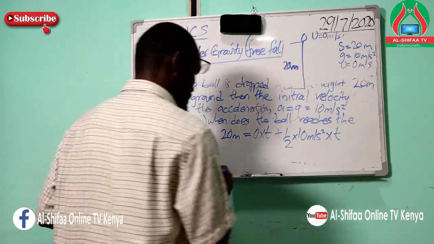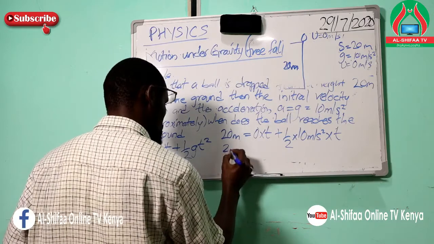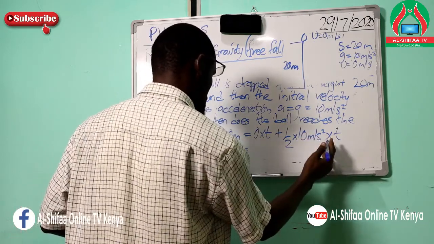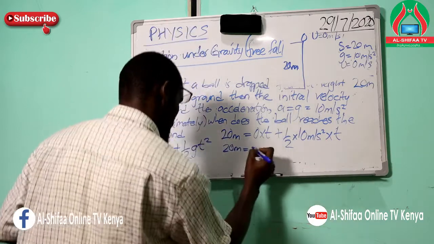Then 20 meters is equal to 5 meters per second squared times t squared.